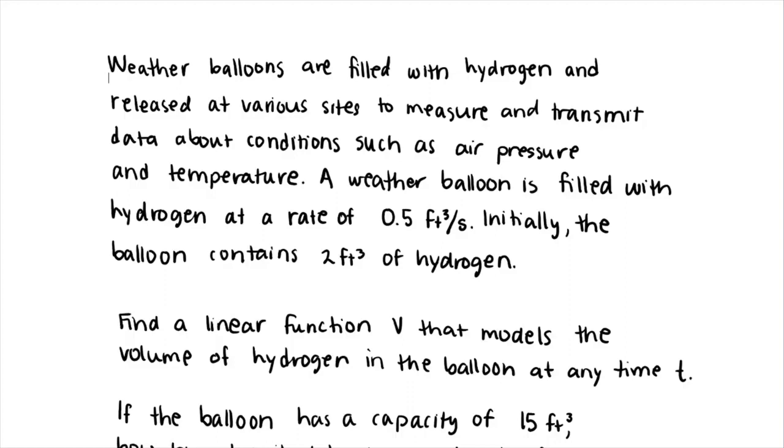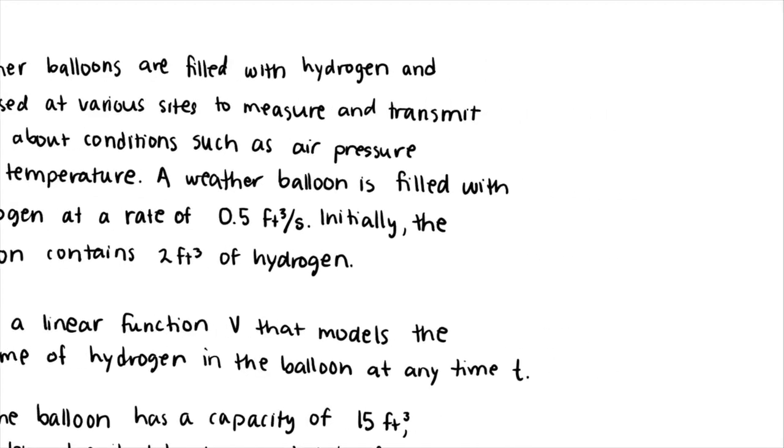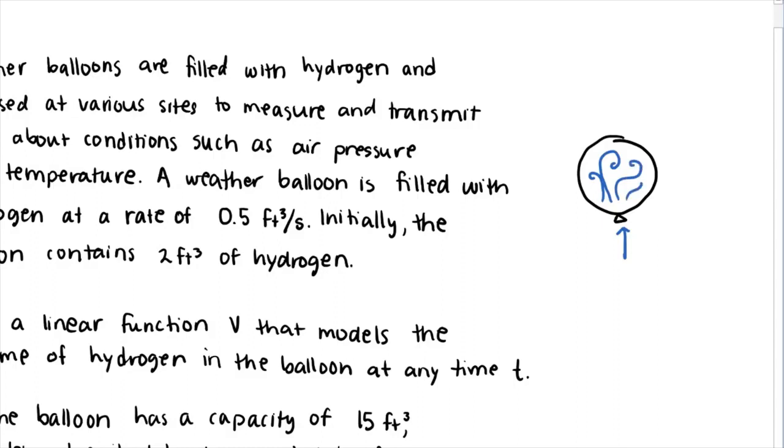Right, so what you can kind of imagine is that there's this balloon, and it's filling up with space. Right, we're sort of filling air into this balloon. Not air, hydrogen. And how fast we're filling up this balloon is with 0.5 feet cubed of hydrogen.